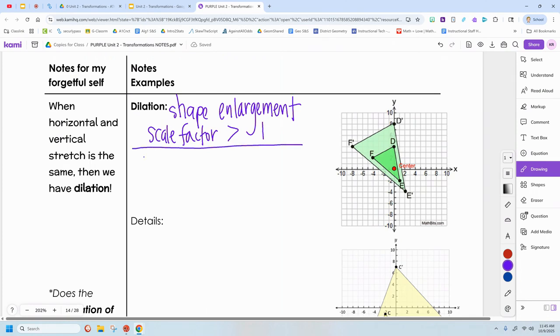You're going to have shape reduction when the scale factor is between 0 and 1, so we say 0 is less than k is less than 1.